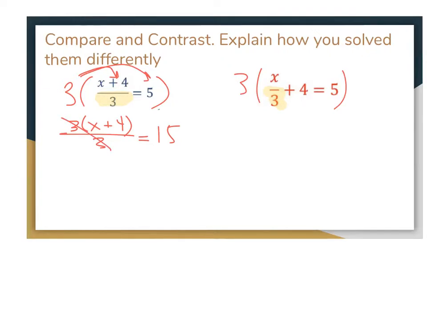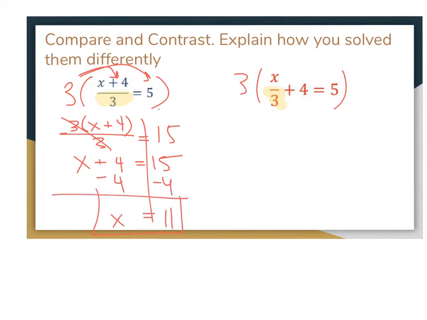So what ends up happening is you just have x plus 4 equals 15. Okay? So then you just subtract 4 on both sides, then x equals 11 for this problem.